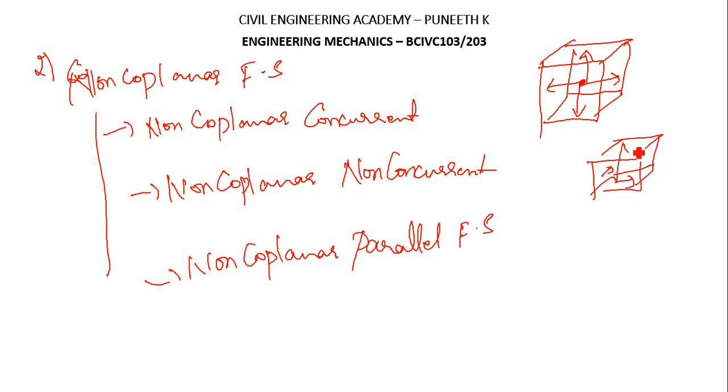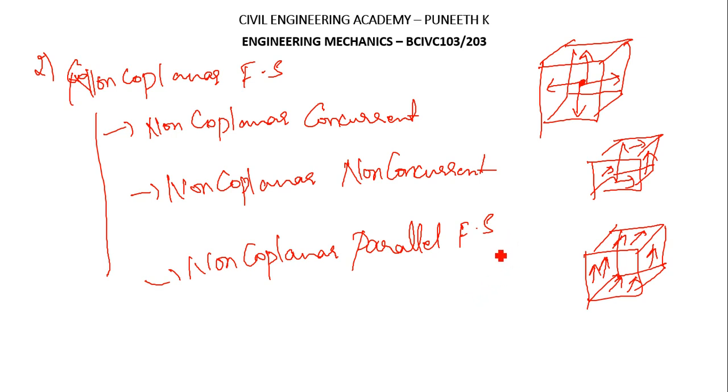All the forces are acting on different planes and do not have a common origin. What about non-coplanar parallel force system? All the forces are acting on different planes and are parallel to each other. There is no like and unlike as we saw in the coplanar force system.